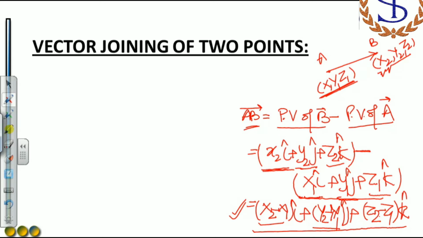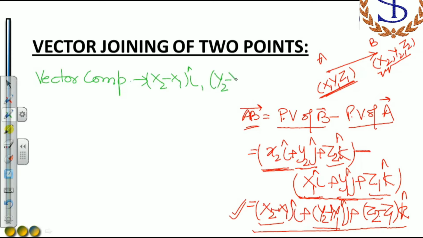It means the vector components are x2 minus x1 i cap, then the next component y2 minus y1 j cap, and the third component z2 minus z1 k cap. These three are the vector components.